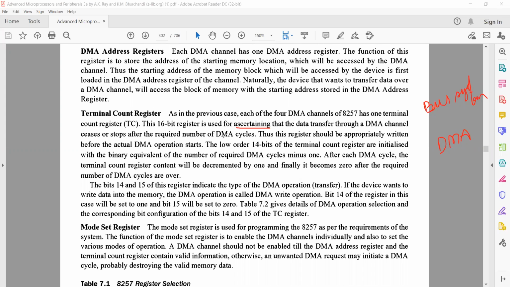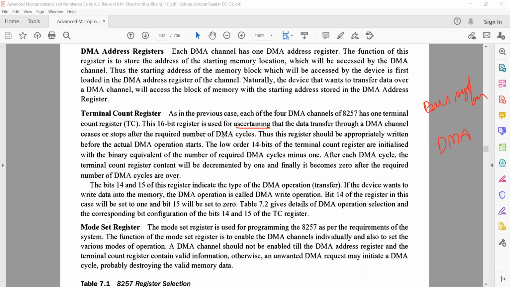So this register holds the number of cycles after which the data transfer has to stop.